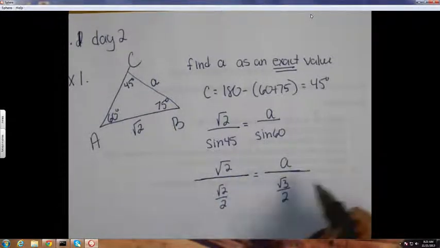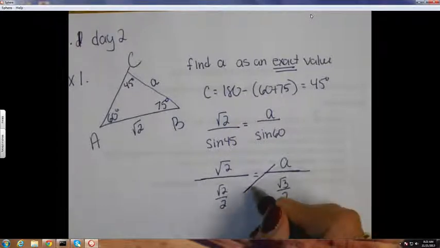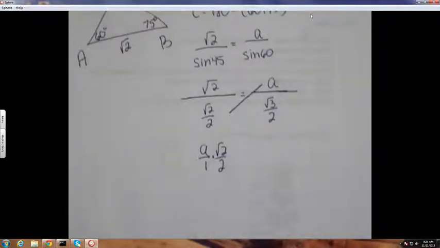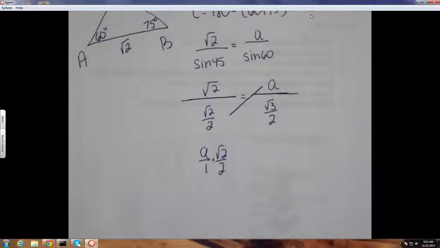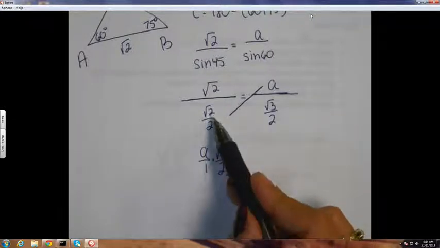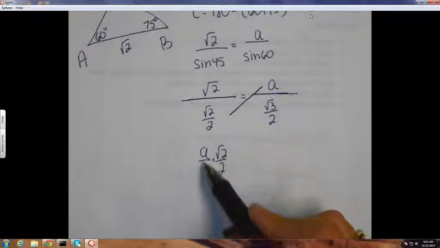So the a is going to get multiplied by that fraction. So I'm going to make it a over 1 times square root of 2 over 2, so that everything lines up. Are you okay with that? So all I did was make the a over 1, and then kept the square root of 2 over 2. When I have fractions, I don't like to have something that's not a fraction. Then I can tell what's in the top, what's in the bottom.